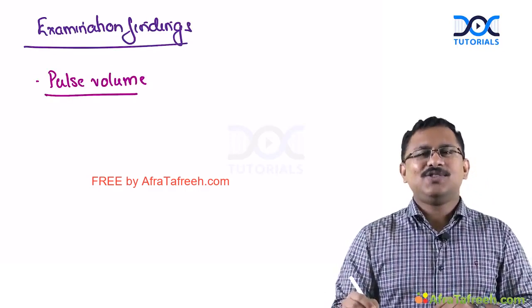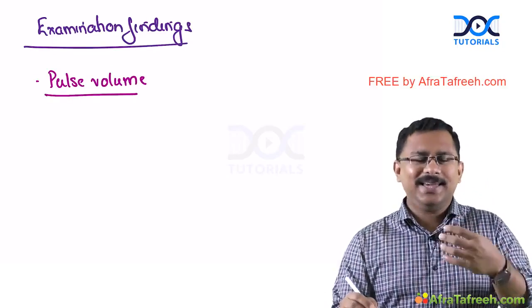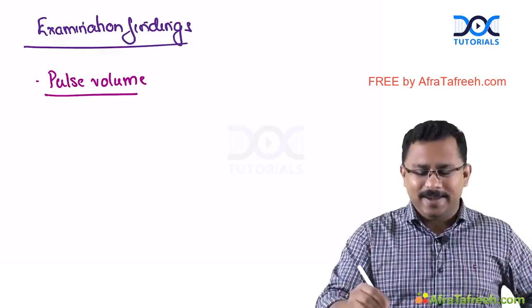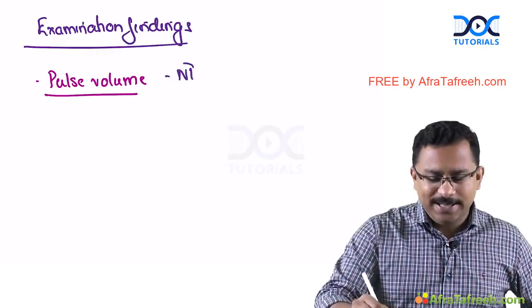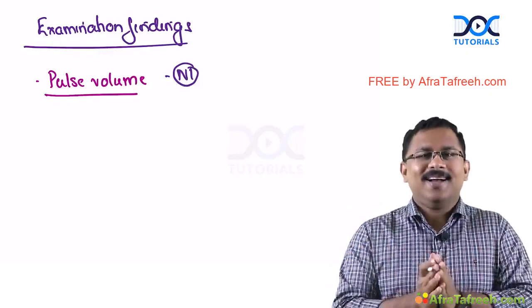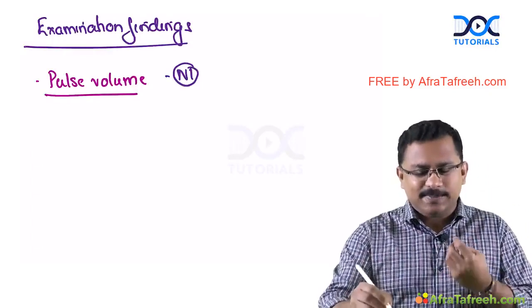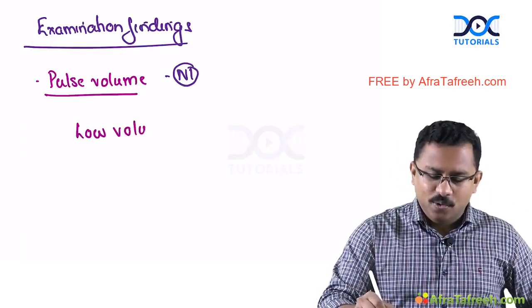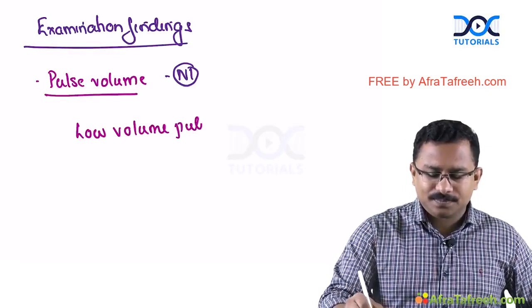So the pulse volume, in the majority of MS patients and especially early MS patients, is usually normal. However, as the disease progresses, you can develop a low volume pulse.